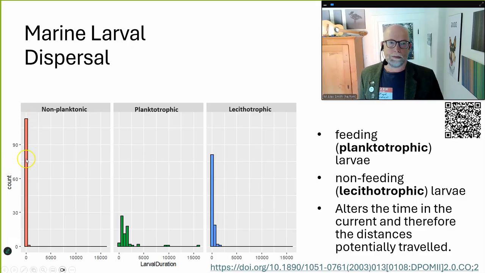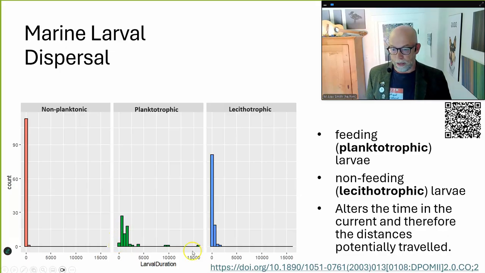The non-planktonic spend not much time at all, generally close to zero in the plankton. The planktotrophic spend longer periods of time. Some spend a short time, but then there are some that spend quite a long period of time, especially compared to the lecithotrophic, where most of them spend a very short period of time, several hours.